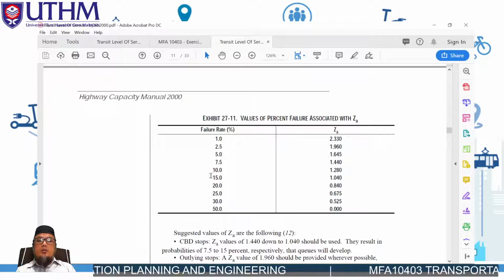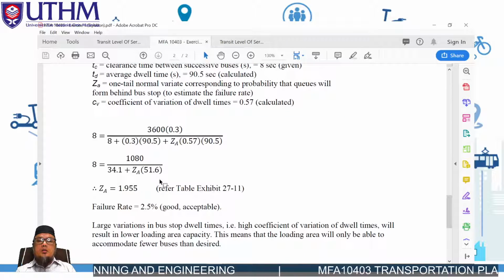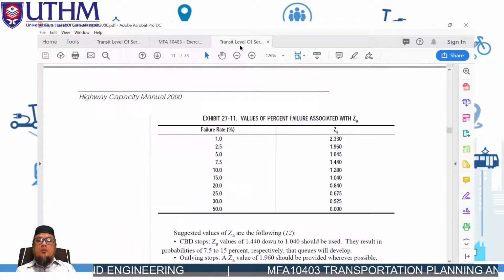Okay, now we move to this value. We refer to this value 1.955. It's somewhere here. If I highlight this value, we have here 1.